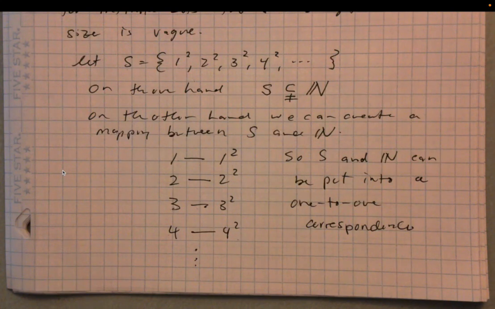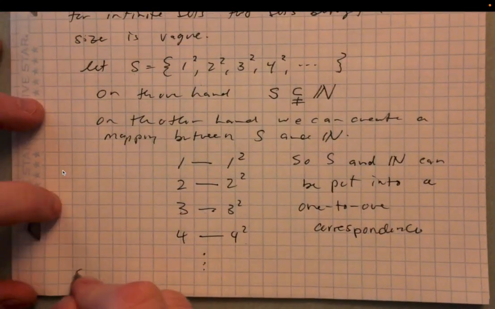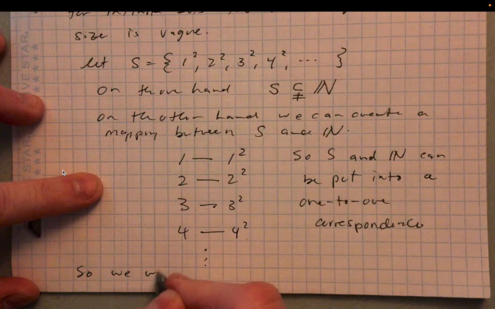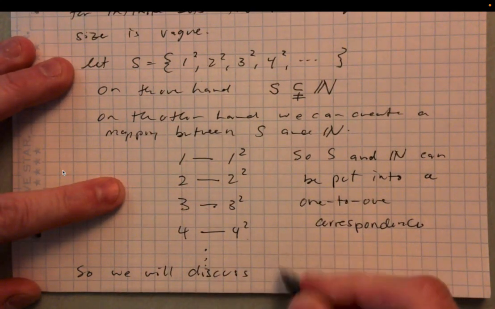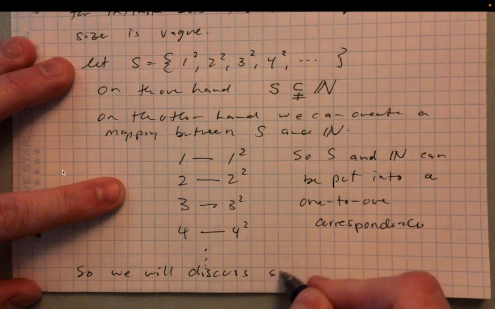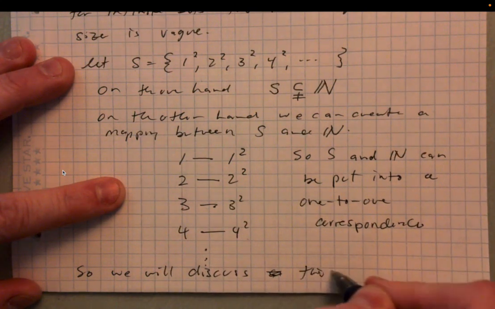And he was the first one to realize that this idea of a one-to-one correspondence could yield interesting results on some of the more foundational questions in set theory. So we will discuss this concept more.